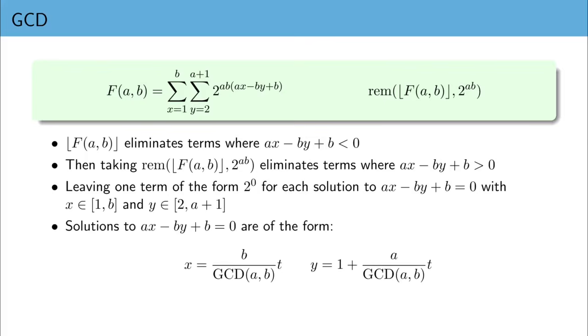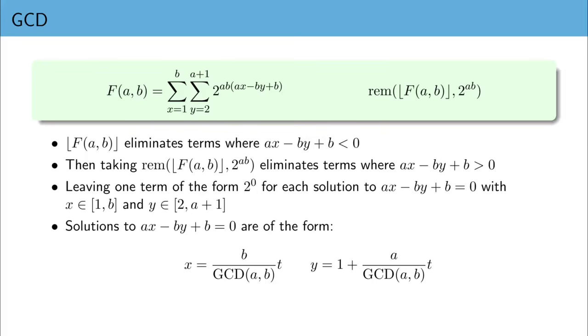Their solutions are exactly of the form x is b over the GCD of a and b times t, and y is 1 plus a over the GCD of a and b times t for various integers t. Only values of t between 1 and the GCD of a and b inclusive will give solutions for x and y in the desired ranges.